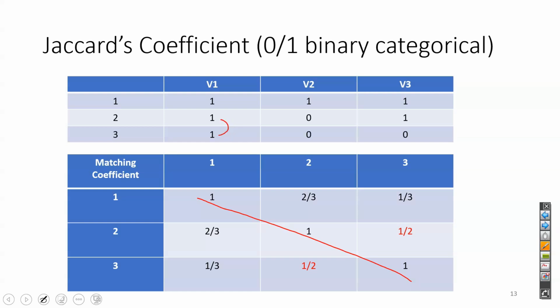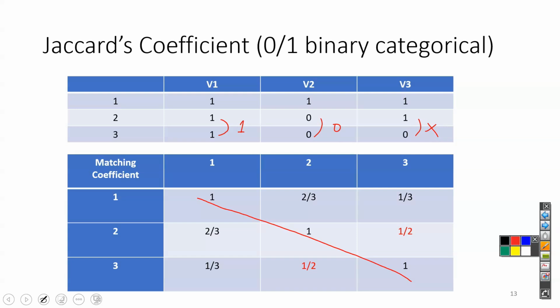A matching 1. I'll just write 1 to denote it's matching 1. Here, I get a matching 0. And here, I do not get a match.